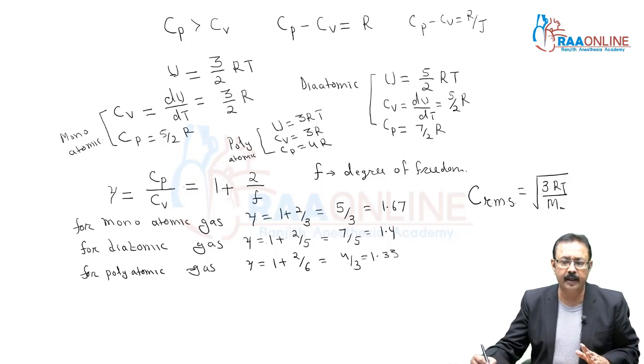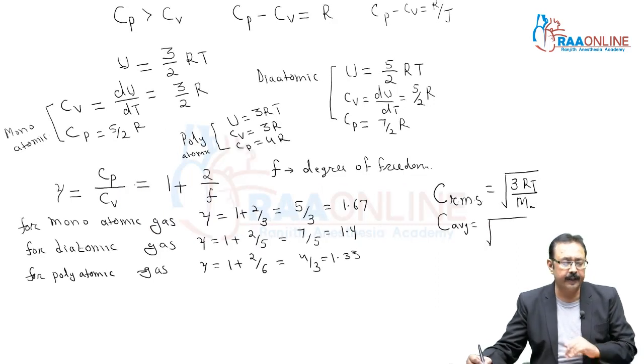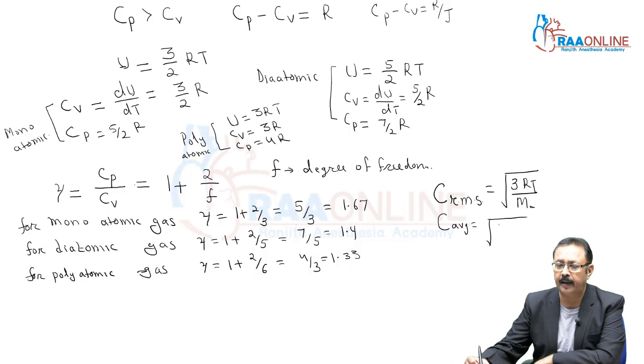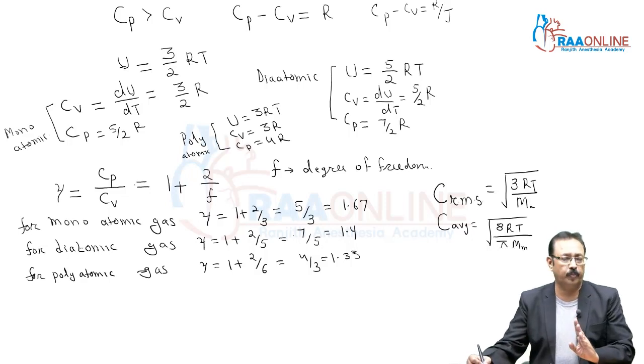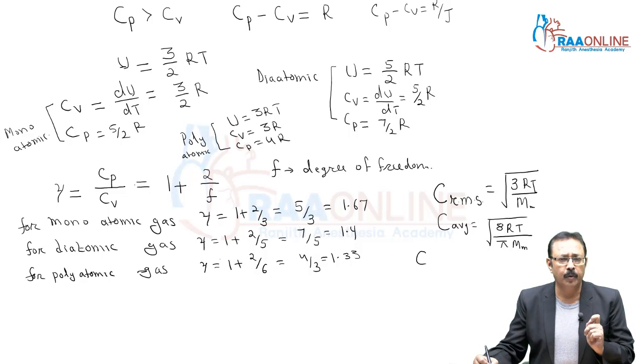One is known as average speed, C average. It is root of 8 RT upon pi M. Only you have to learn the formula, derivation is not in your syllabus. And one is most probable speed.